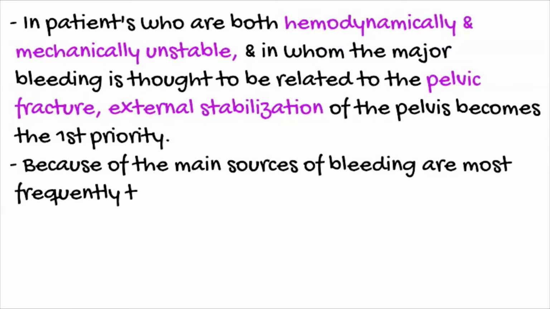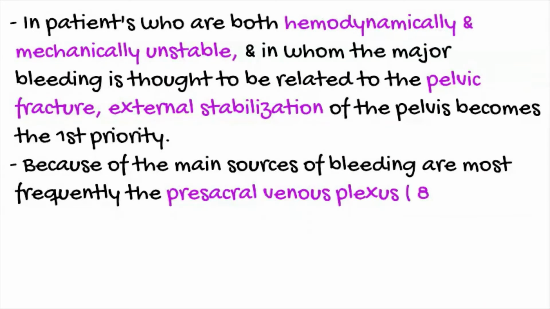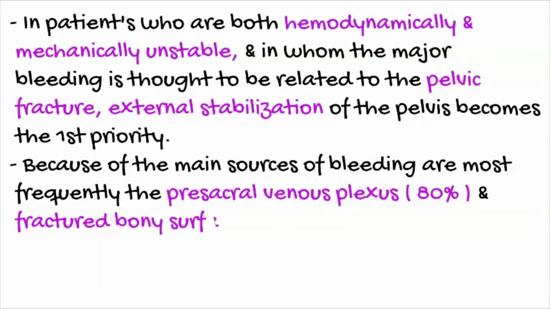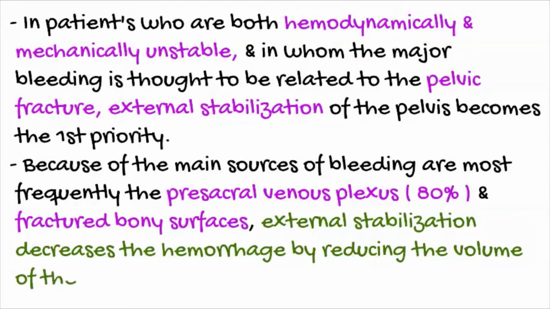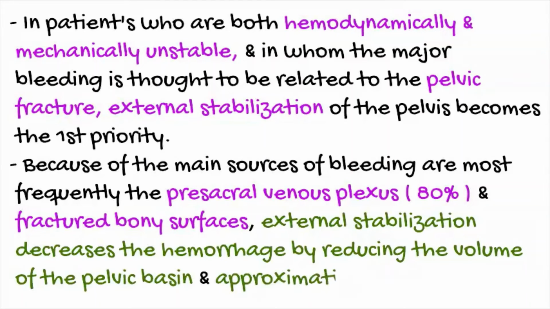Because the main sources of bleeding are most frequently the presacral venous plexus, around 80%, and fractured bony surfaces, external stabilization decreases the hemorrhage by reducing the volume of the pelvic basin and approximating the fracture ends.